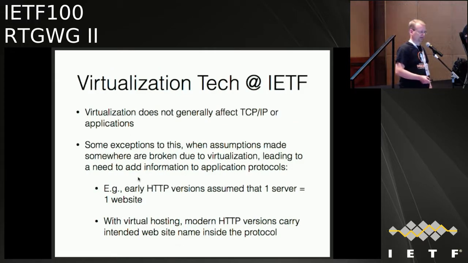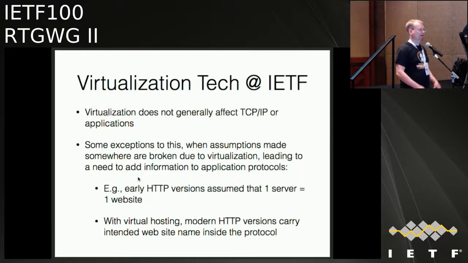Virtualization technology generally doesn't affect our payload traffic, TCP, IP, and applications, and that's true for almost all cases. There are some exceptions. One obvious case is when assumptions built into protocols get broken due to virtualization and or sharing of resources.